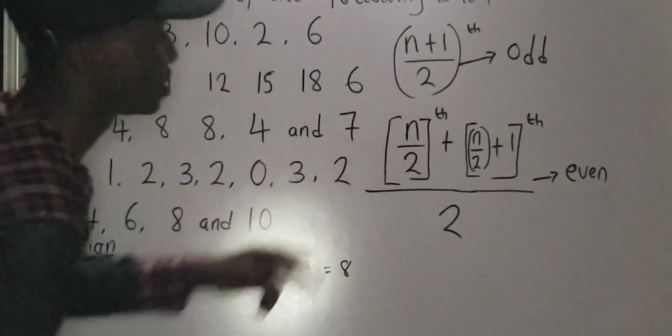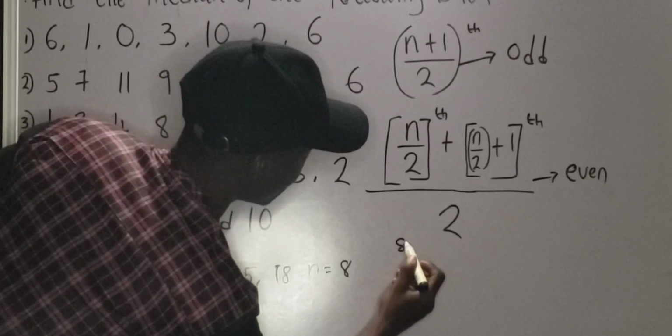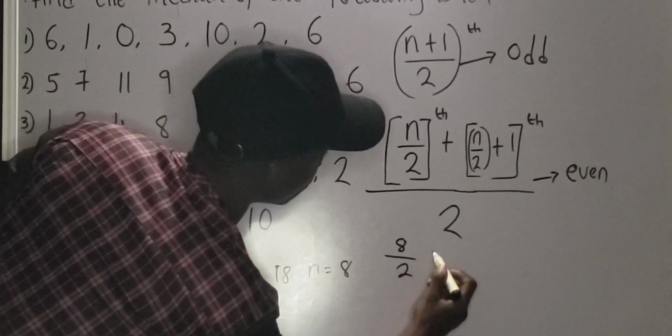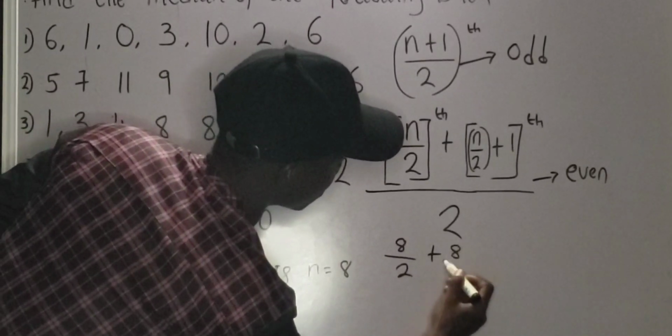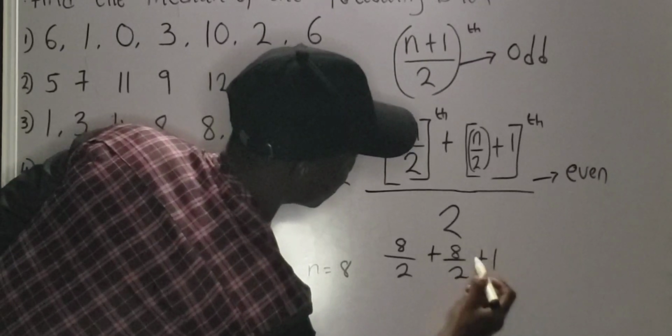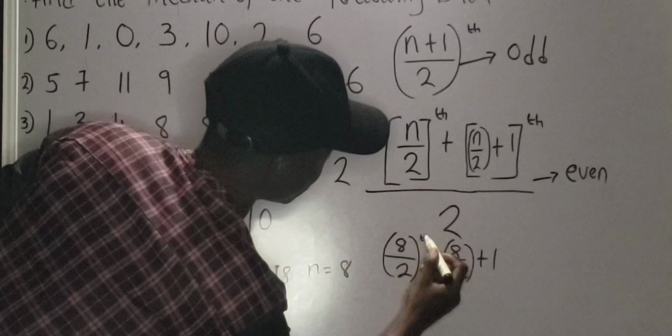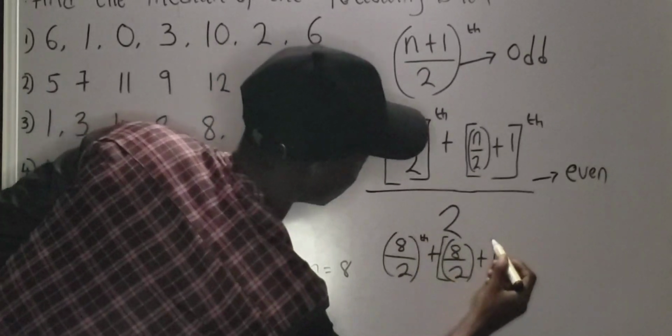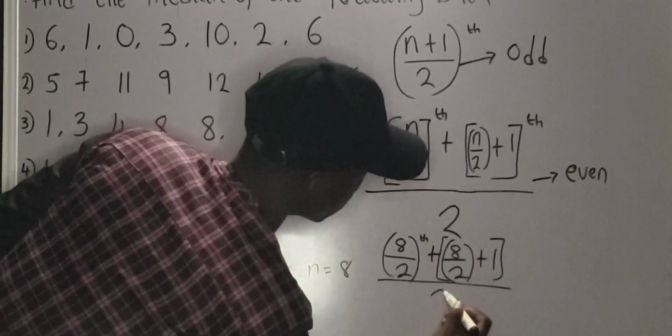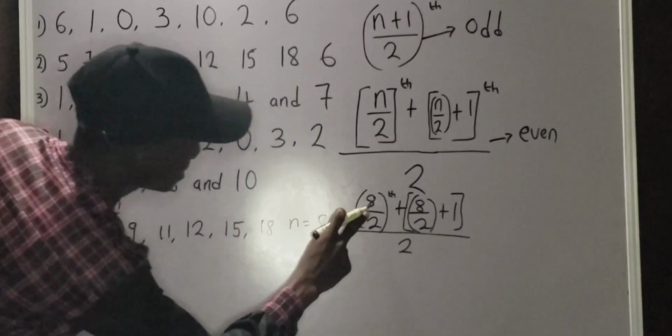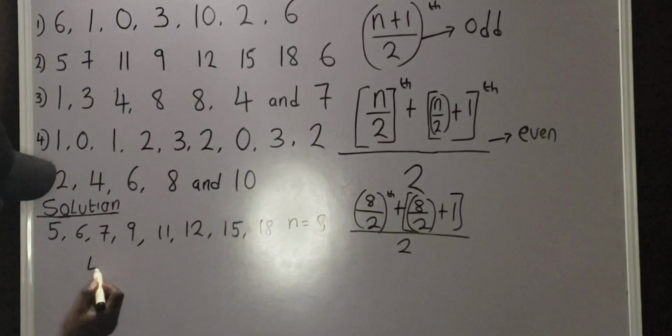So let us substitute the value of n. I'm going to have 8 all over 2 term plus 8 all over 2 plus 1 term, all over 2. You understand? 8 divided by 2, that is 4.